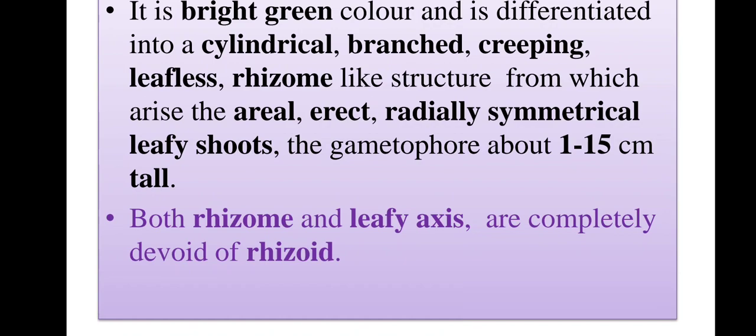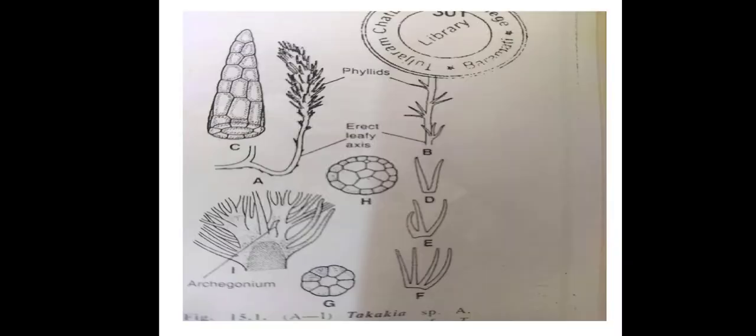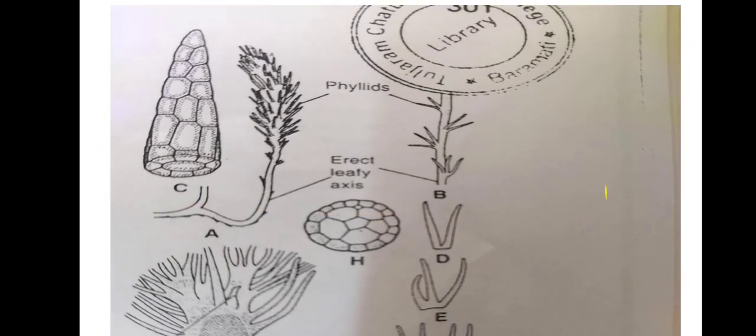Gametophore. Next, both the rhizome and the leafy axis are completely devoid of rhizoids. This is a diagrammatic figure of Takakia, differentiated into an aerial erect leafy axis, showing the leaves arising on the axis.